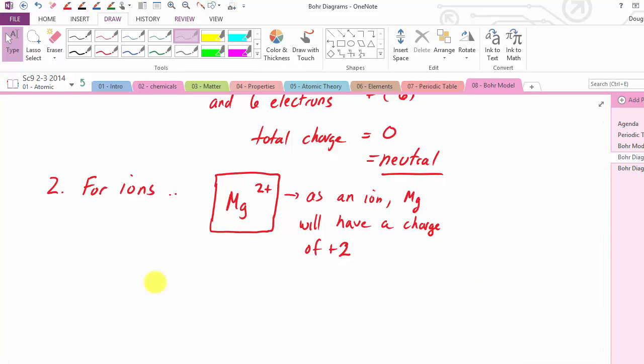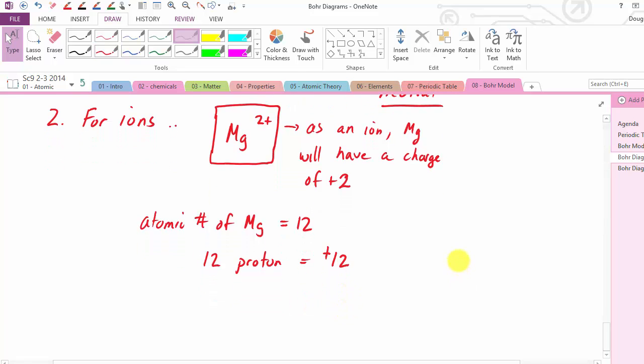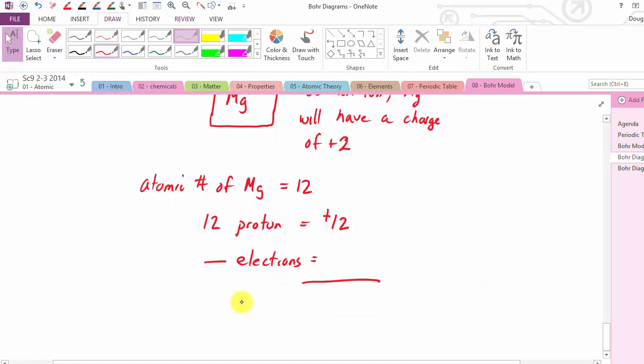Magnesium has atomic number 12, so there's 12 protons. There's some number of electrons, and when we add those up, we'll get an ion charge equal to positive 2.